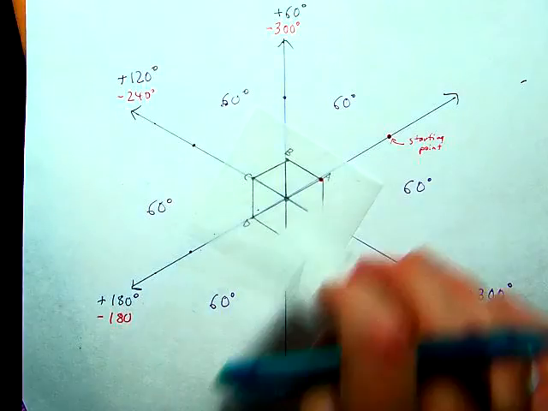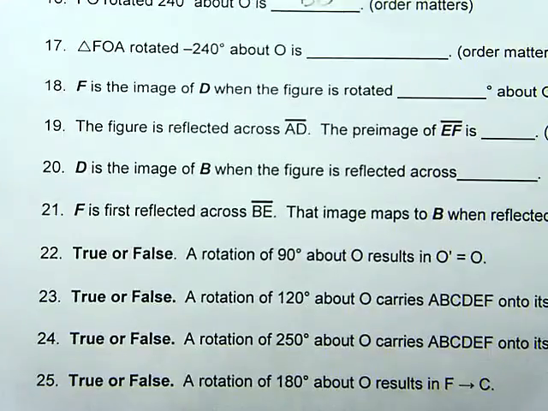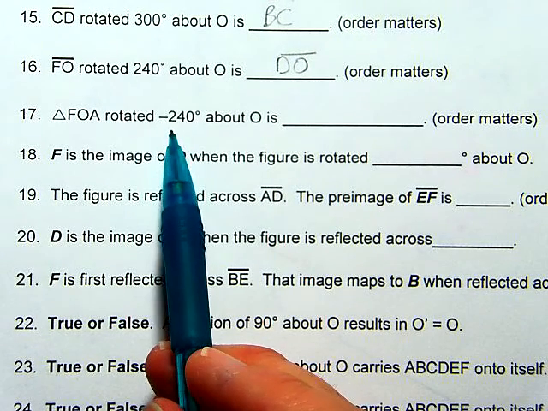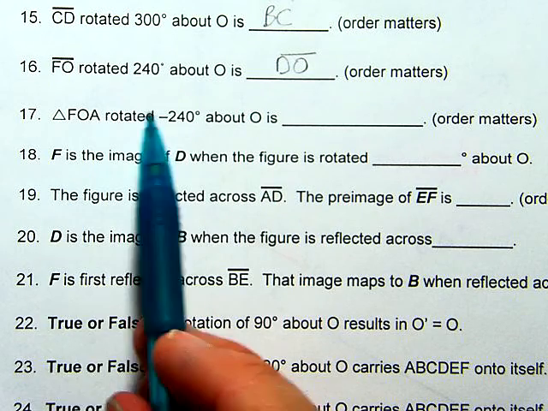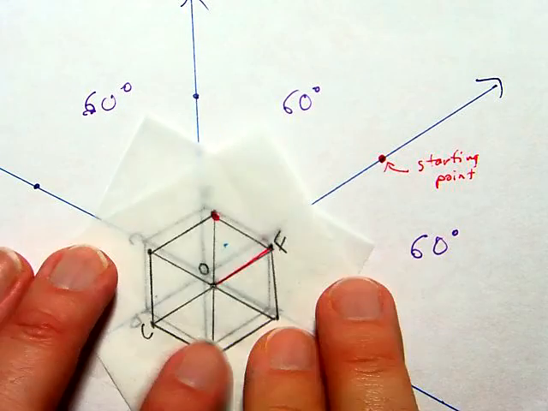And now let's look at the next question. We are now asked to map triangle FOA, which is rotated negative 240 degrees about O. So triangle FOA, let's line up our markers again.